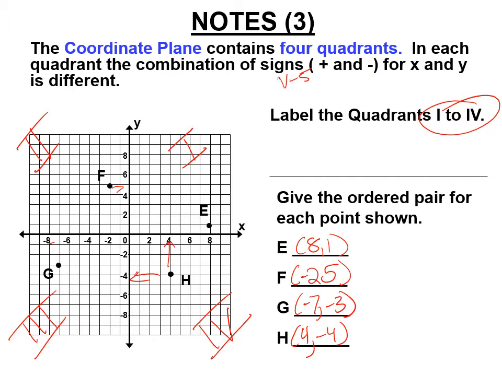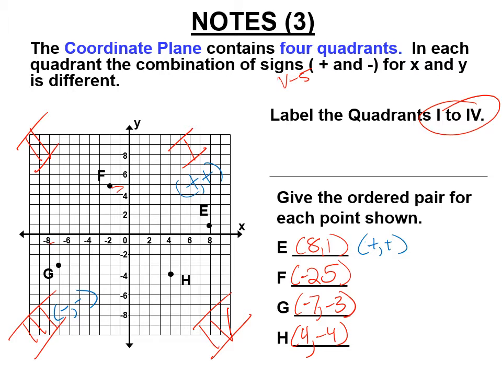get the -4. Now, besides the quadrants, what you should notice here is that each quadrant has a different combination of pluses and minuses. So let's start with that. Where we started was quadrant 1. Both coordinates are plus. Please write this on your sketch. All right. Quadrant 3 down here is where both things are negative.